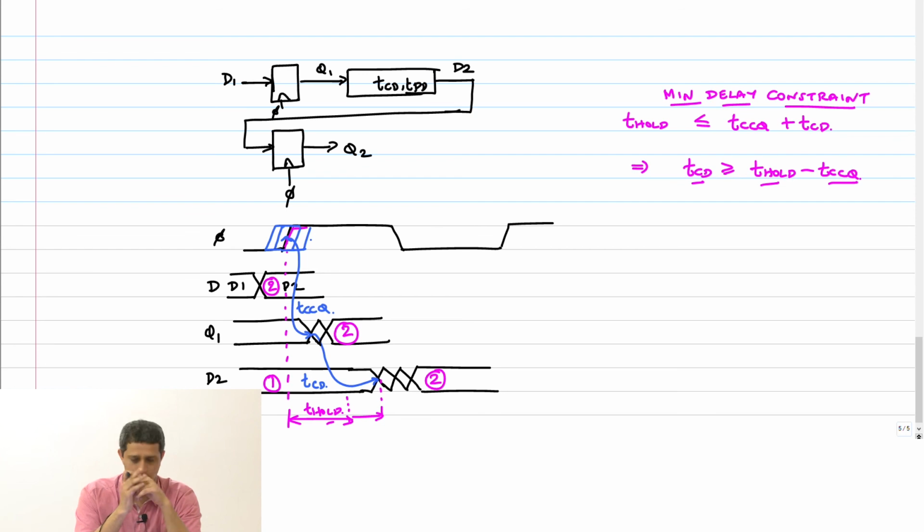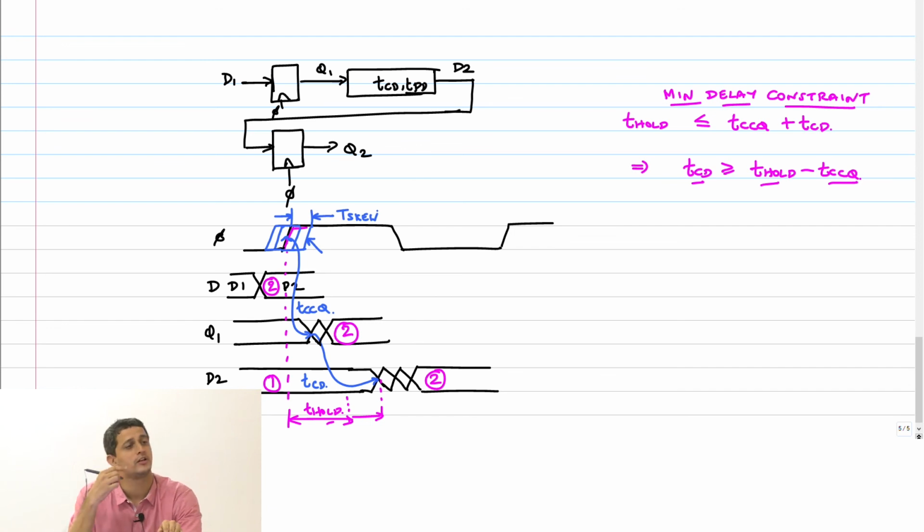To the right, because I now need to ensure that D2 is held for long enough after this edge, right? So if you look at this delay, it is T_skew. From there, I need to ensure that there is enough hold time.